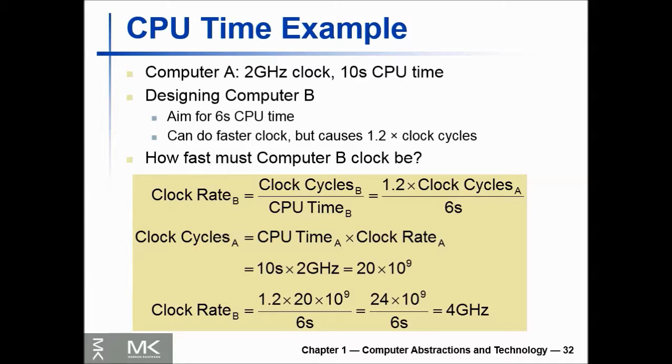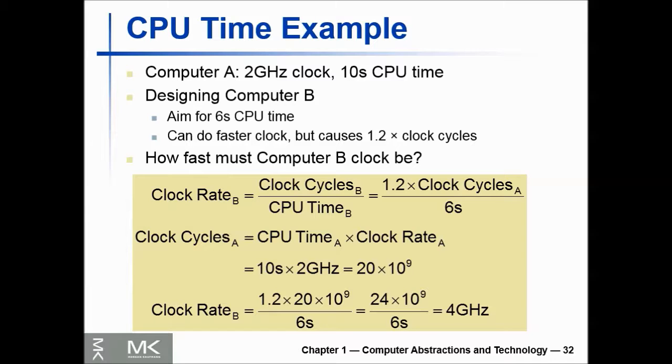The designer has determined that a substantial increase in the clock rate is possible, but this increase will affect the rest of the CPU design, causing computer B to require 1.2 times as many clock cycles as computer A for this program.